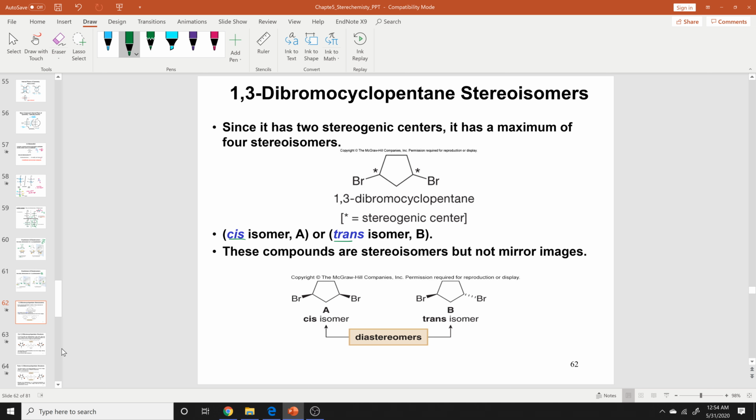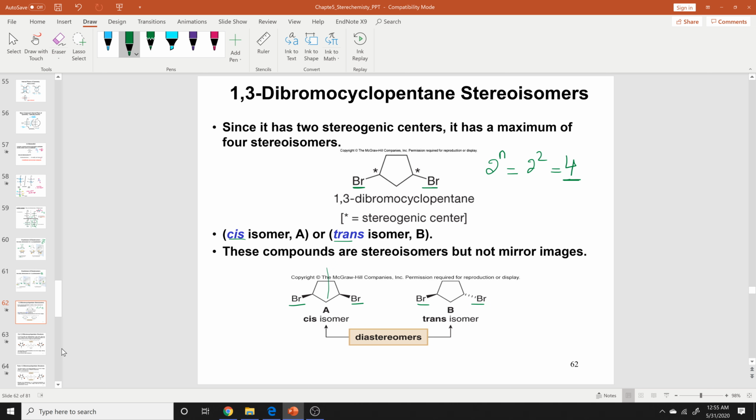The total number of stereoisomers is based on the stereogenic centers. It's 2 to the number of chiral centers, so here it's 2 to the n, 2 to the 2, so it's 4 stereoisomers. You have to consider the cis, you have to consider the trans.